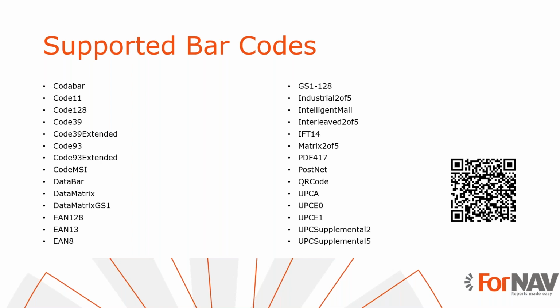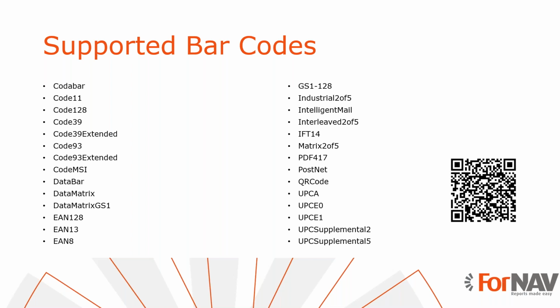In the years that we exist as a company, we never had a customer saying that we do not support one of the barcodes. And this is actually a subset of the barcodes that we support, because the GS1-128 has a whole bunch of subcategories that you can set up from ForNAV. You can find this list of supported barcodes on our website.